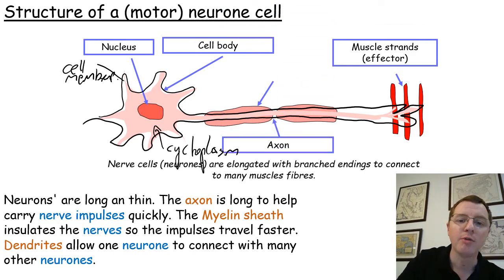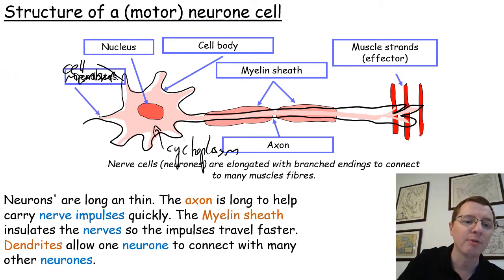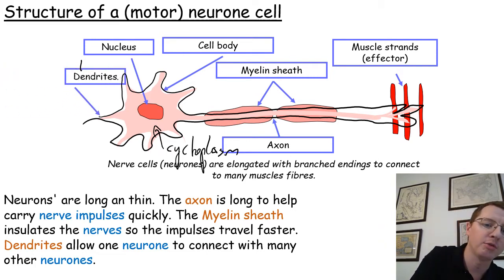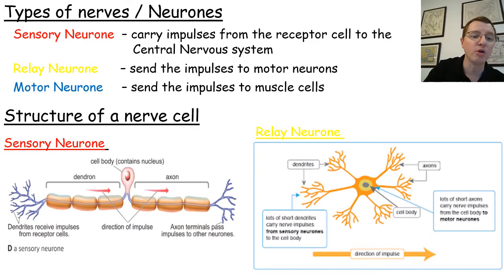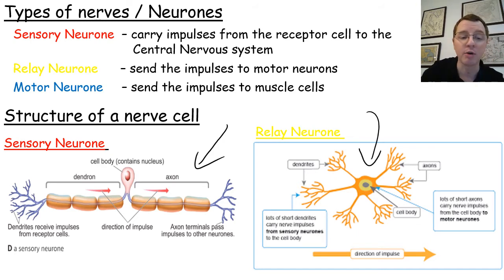We would have the axon, the myelin sheath insulating the axon, and the dendrites, which I've sort of covered there. The dendrites at the end, and the sensory neuron and the relay neuron would also have the same basic parts, but with a different structure, a different setup.